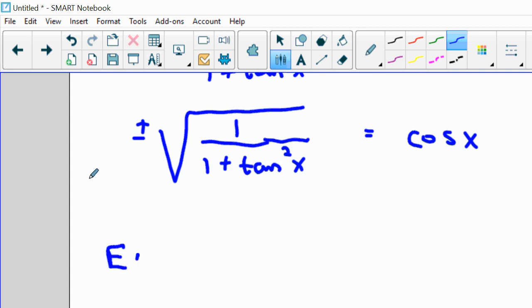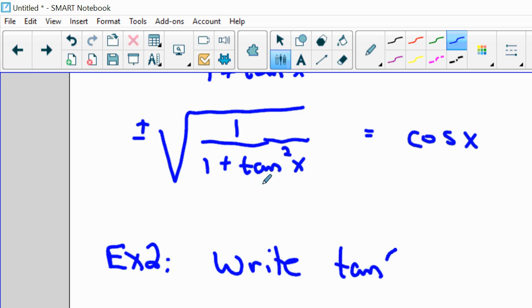Example 2. Write tangent theta plus cotangent theta in terms of sine theta and cosine theta.